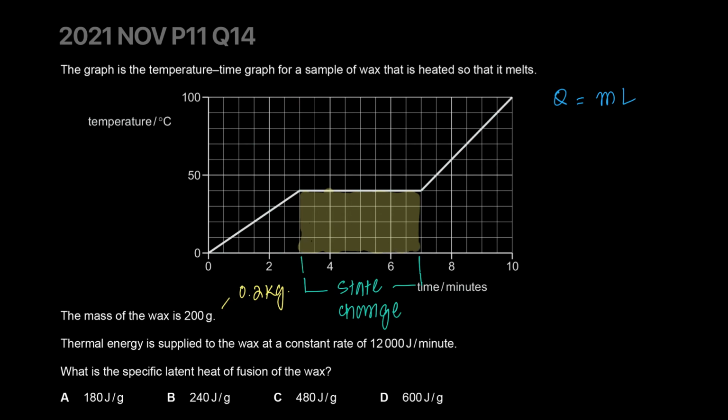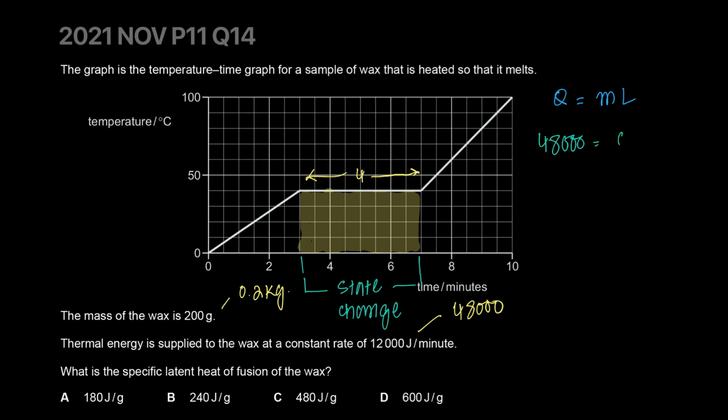So you were changing your state for a good 4 minutes, right? So what's the energy consumed? It's essentially 12,000 times 4. Every minute you're getting 12,000, so 12 times 4 is 48, so 48,000 joules. That's the total energy you got.